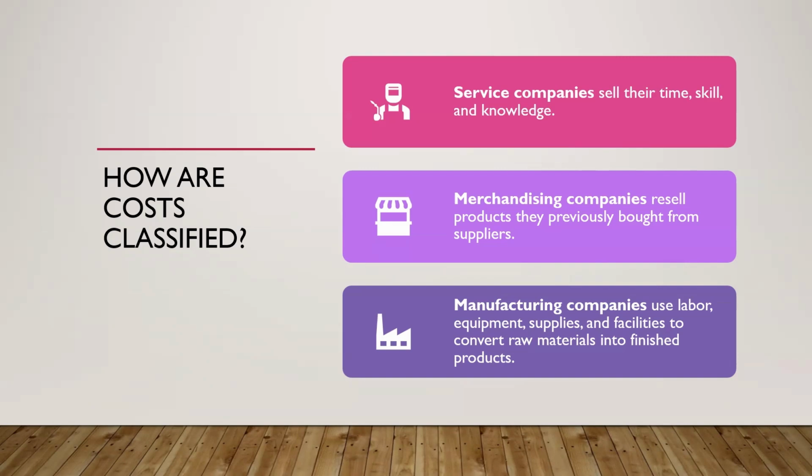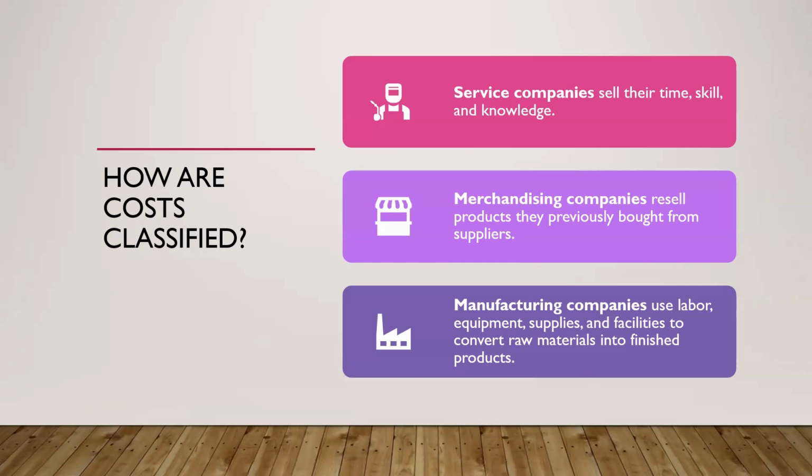Merchandisers buy products from suppliers and then resell them to customers. Merchandisers keep an inventory of products, and their inventory product costs are referred to as product costs in your textbook.